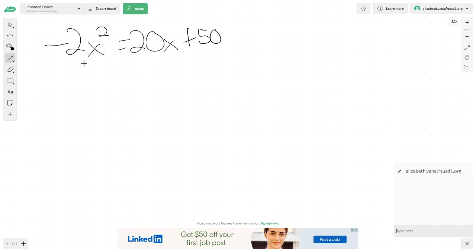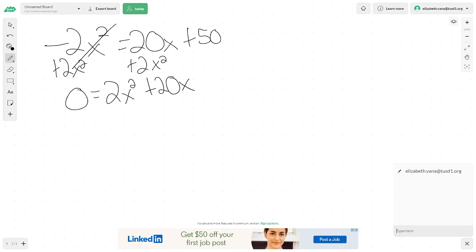Now here we can't use the zero product property because nothing's equal to 0 at all. So we need to put this in standard form, and I'm going to do that by adding 2x squared to both sides. That cancels out. So now I have 0 equals 2x squared plus 20x plus 50.